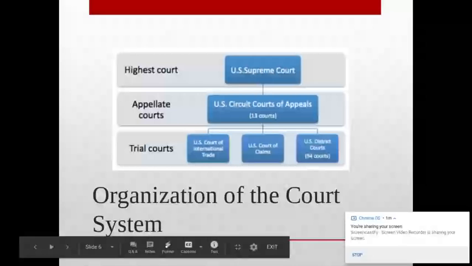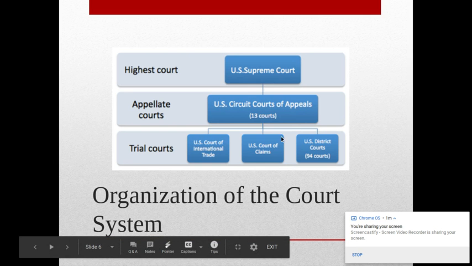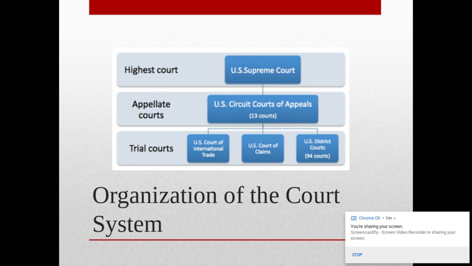There's a court of international trade and a court of claims. We don't worry so much about those because they don't have as many cases as this last one does, this U.S. District Court. As I mentioned previously, I'm also going to show you another slide about this, but the U.S. District Court has 94 courts, and every state has at minimum one court in it.